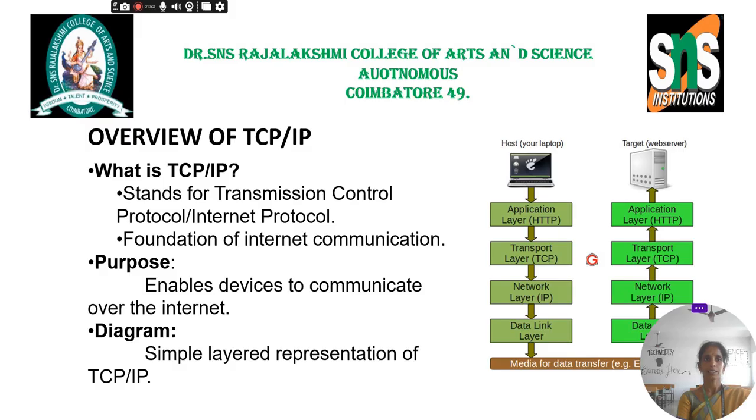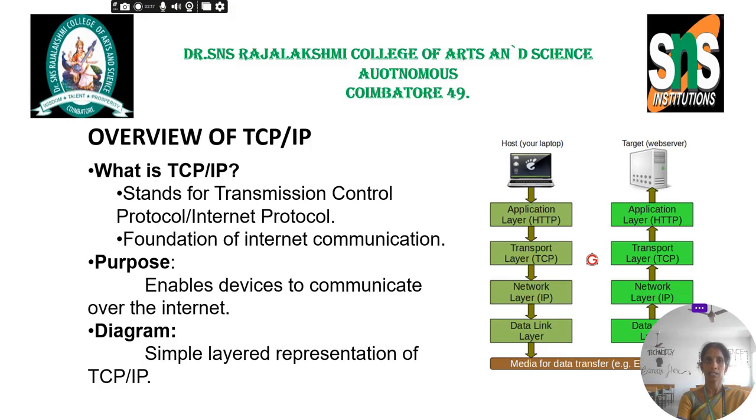Network layer, it establishes a connection and also releases the connection after transmitting the files over the network. A data link layer, which supports the number of packets over the particular source, so the data link layer will provide different types of paths for different types of packets over the network.